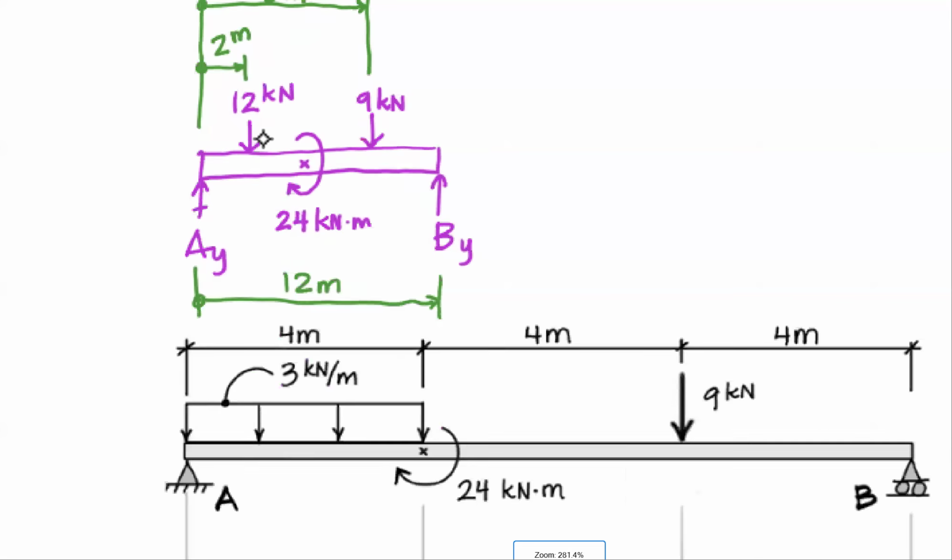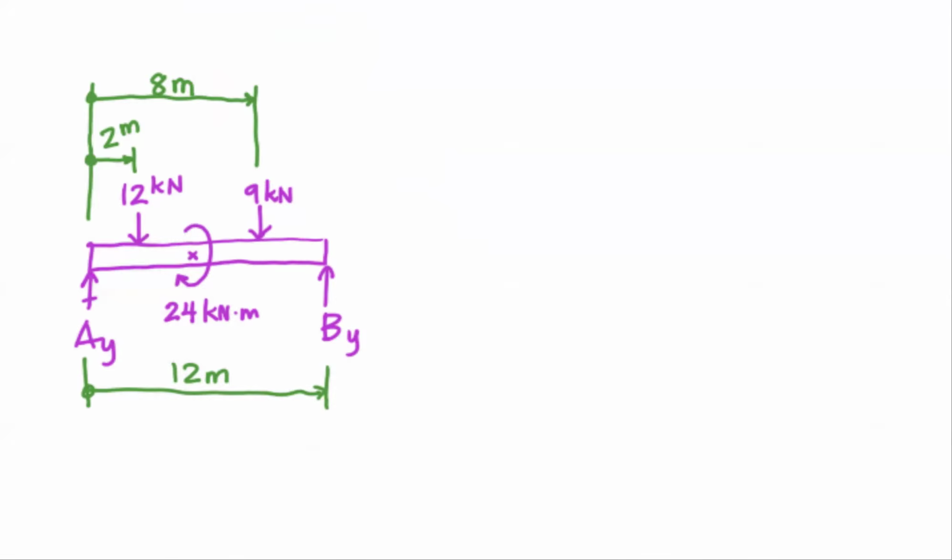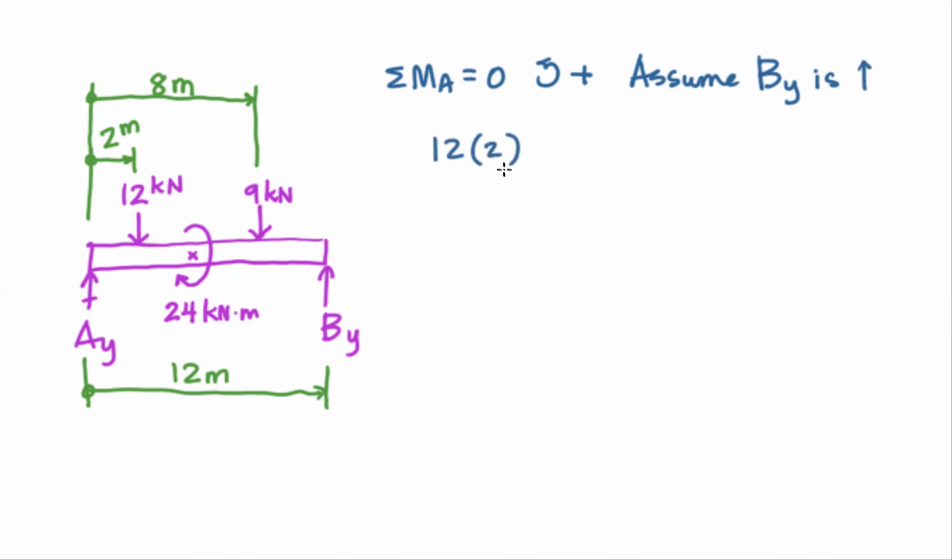With all that in mind, we are ready to do our moment equation. So summation of moments about A is equal to 0, counterclockwise positive. Assume B sub y is upward. First term, 12 times 2 negative. Next term, 24 negative.